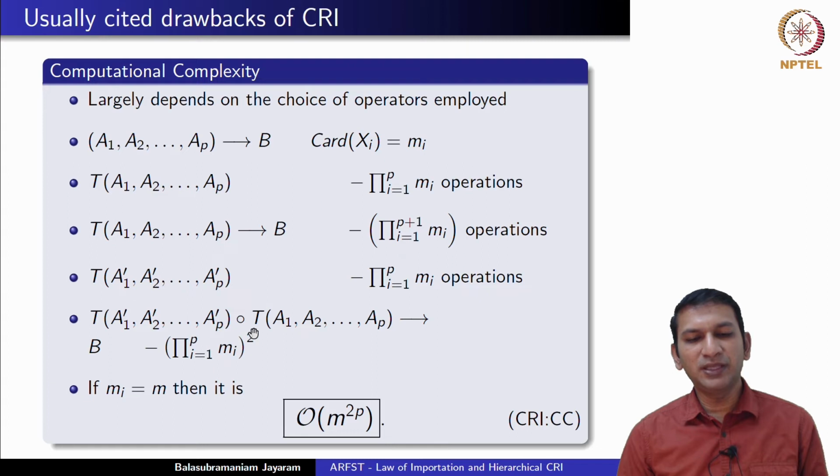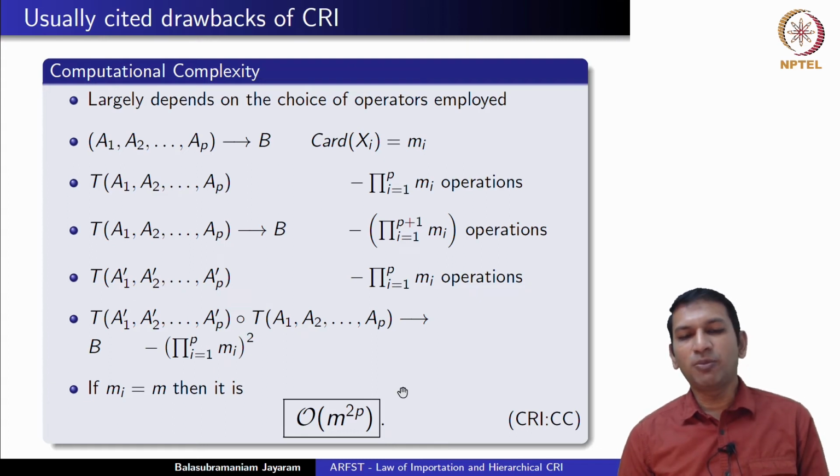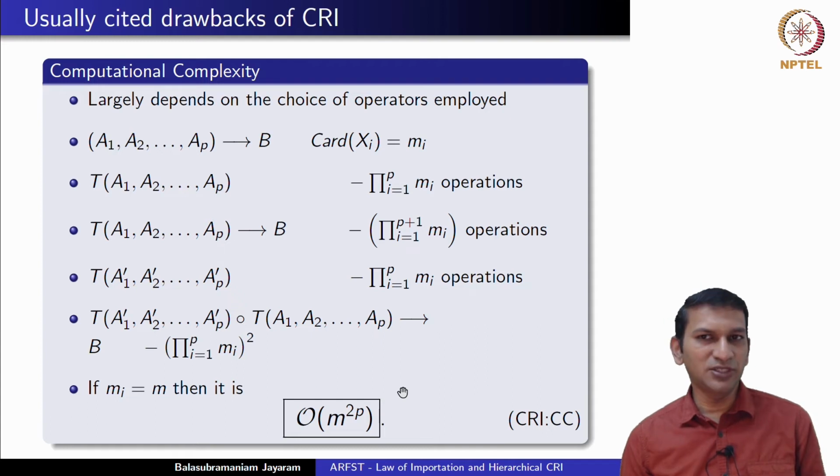Here you have m power p, the whole square, so it is of order m power 2p. So those many operations have to be performed. Here p is the dimensionality and m is the discretization constant, that is, how many points of discretization we make on each domain. This is with respect to the computational complexity.